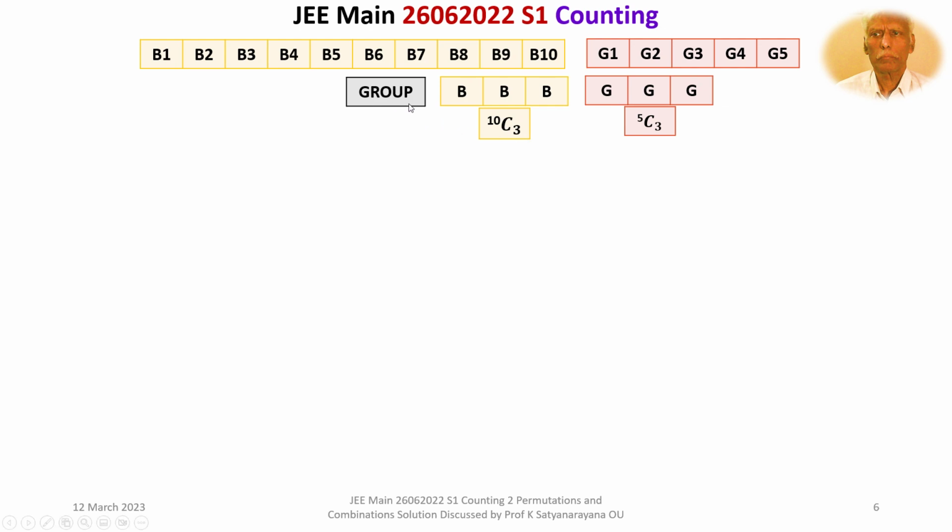So the number of ways of forming a group with 3 boys and 3 girls without any condition is the following.